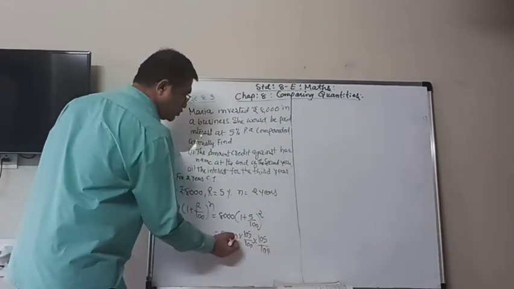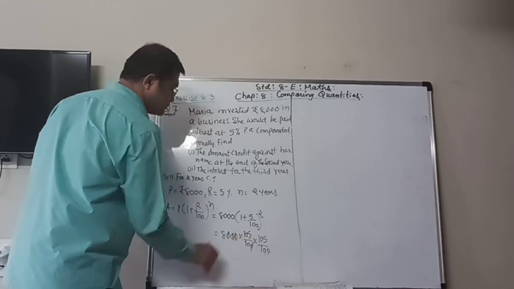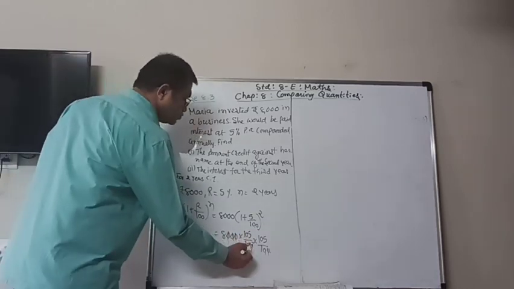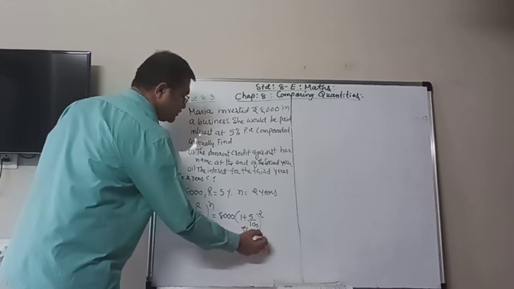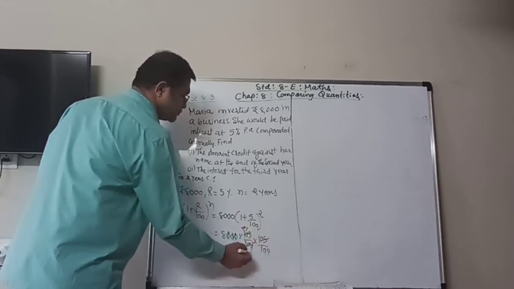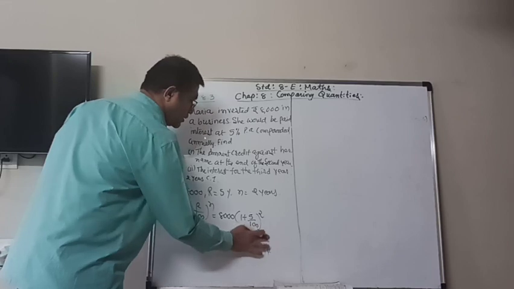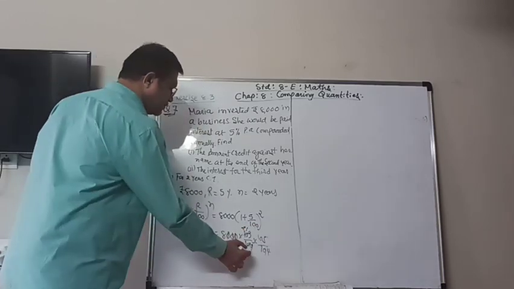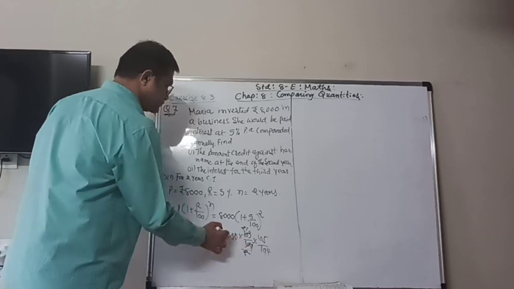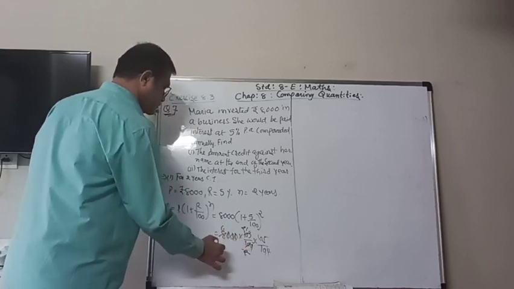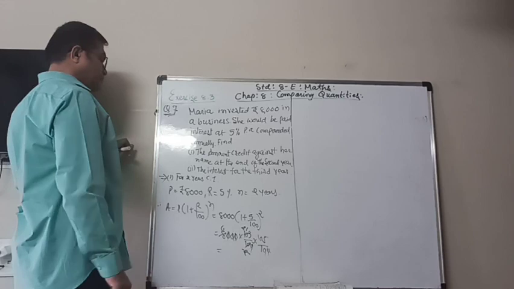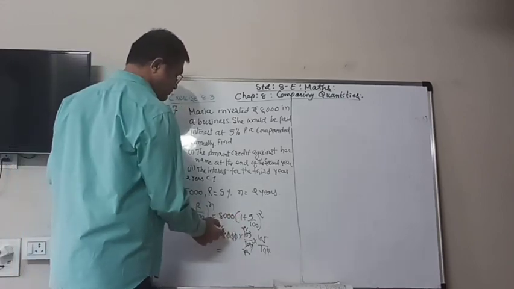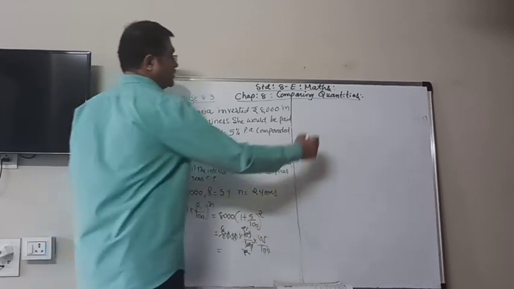So now 1, 2, 1, 2 and 3 zeros are cancelled. 2 fives are 10, 21 fives are 105, and 2 fours are 8. So now we have to multiply 21 fours are 84 multiplied by 105.